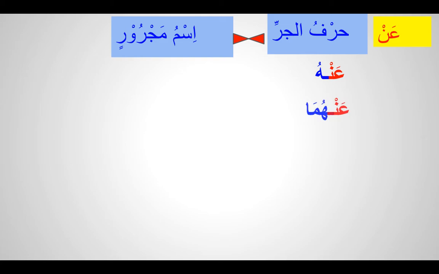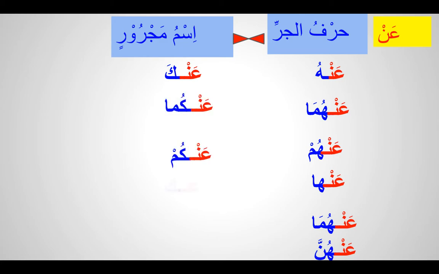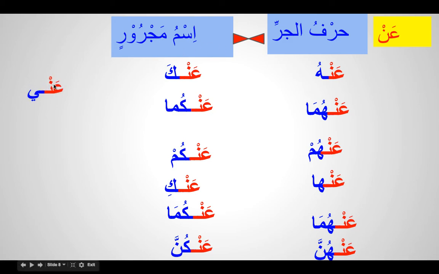Becomes anhu, anhuma, anhum, anha, anhuma, anhunna, anka, ankuma, ankum, anki, ankuma, ankunna. Anni and anna have the shadda here.